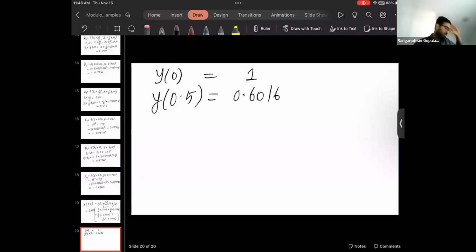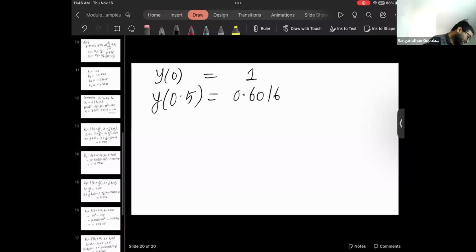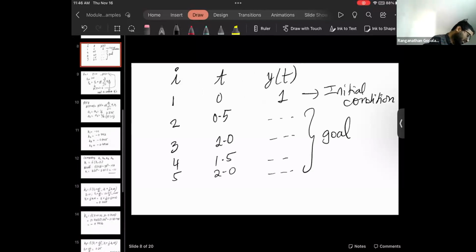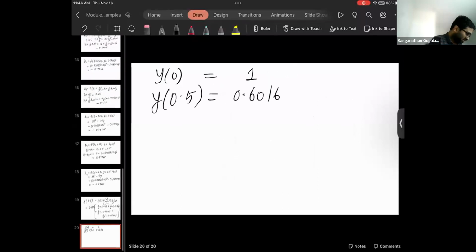Okay, 0.6016. Thank you. So now we remember at the start we made a table. Our first entry now is 0.6016. Okay. Let's give half a minute for people to get this number and confirm it.